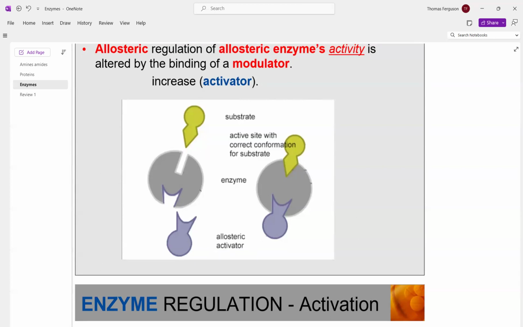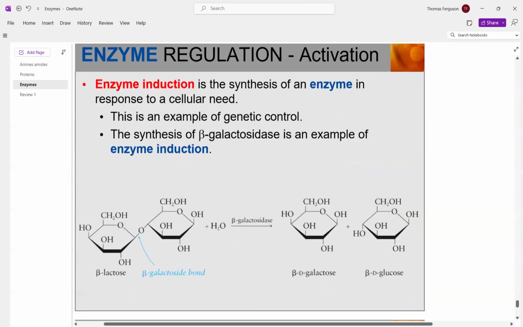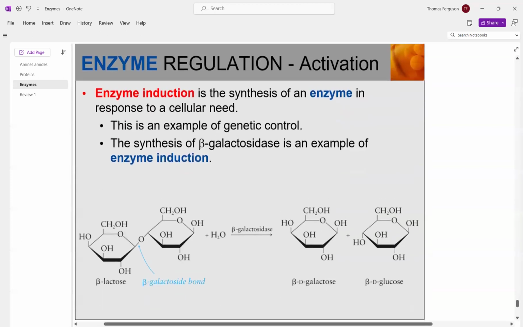Many enzymes run this way. They have two active sites, one for the modulator, one for the substrate. There's yet another one called enzyme induction, where the system actually generates an enzyme based on the requirements.